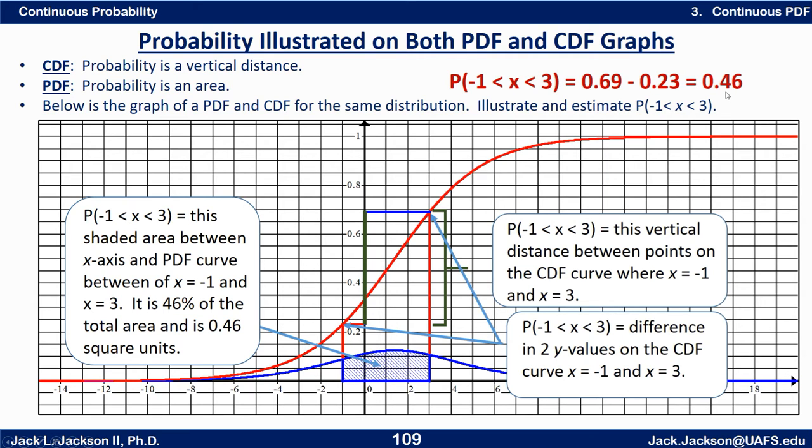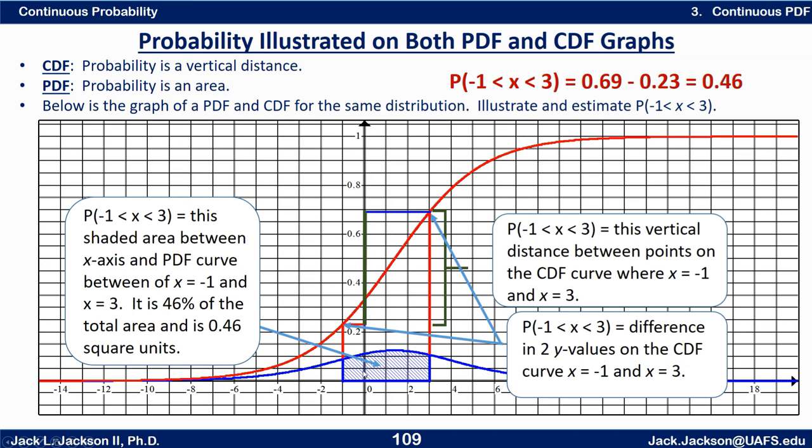Subtract those and you get 0.46, which can be seen as this distance vertically between these 2 points, not the slanted distance, but just the vertical change, which is the amount of this green distance here. So this green distance is the value of the probability we're looking for. And you can see that on the CDF, but it's numerically equivalent to this area here on the PDF.